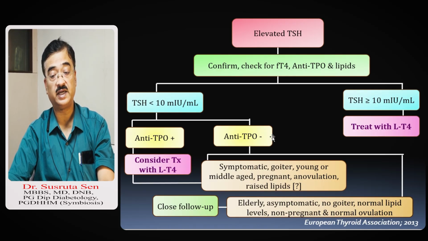If anti-TPO is negative, then see whether the patient is symptomatic, or has goiter, or is young, or pregnant, or has dyslipidemia. If any of these conditions are there, then go for treatment. If not, just go for follow-up. Now, if TSH is more than 10, treat with levothyroxine straight away. Don't hesitate.